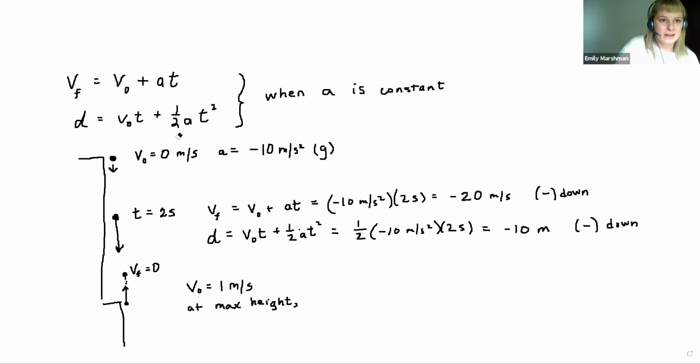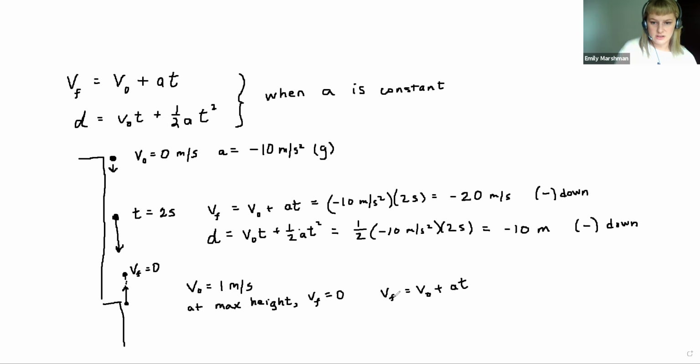Okay, at maximum height, V final is zero. So you could actually solve for the time it takes for the object to reach maximum height using the first equation. V final equals V initial plus AT.